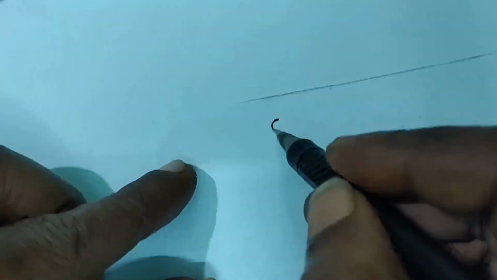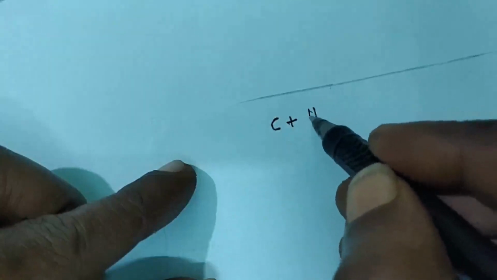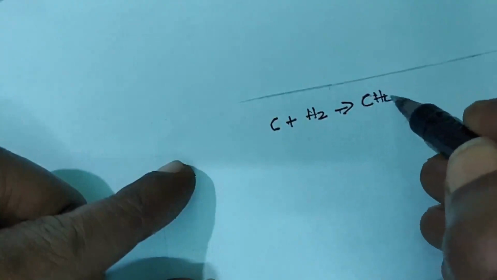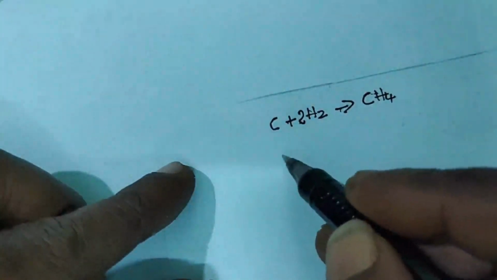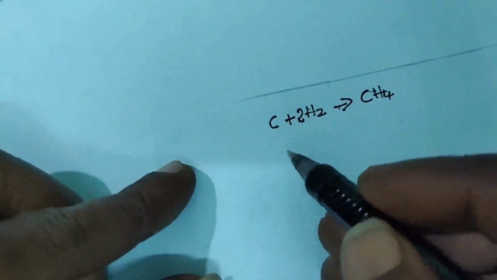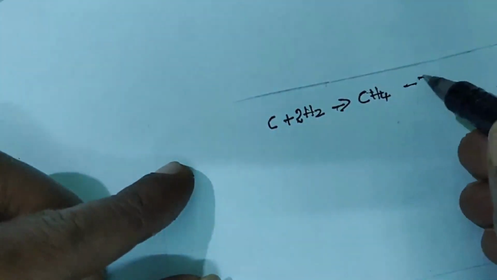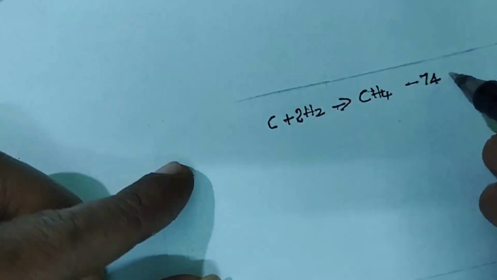First, methane: C plus H2 gives CH4. Balance the equation, then delta H is minus 74.8.